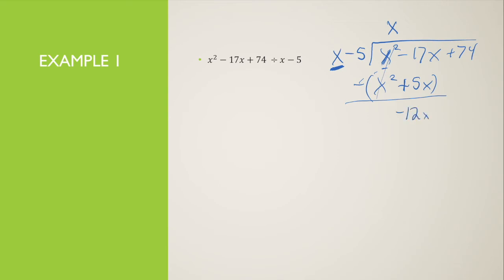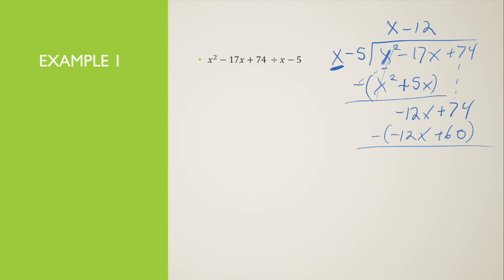And I pull down my next term. Okay, what do I multiply x by to make it look like negative 12x? That's going to be negative 12. Negative 12 times x is negative 12x. Negative 12 times negative 5 is a positive 60. I go ahead and subtract.